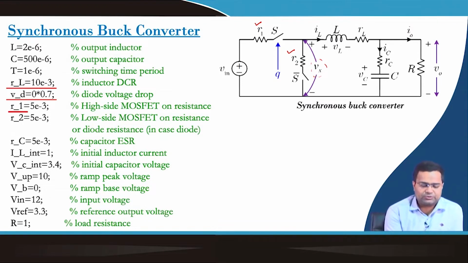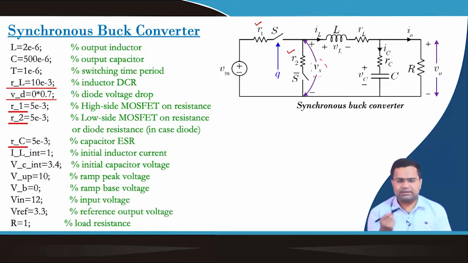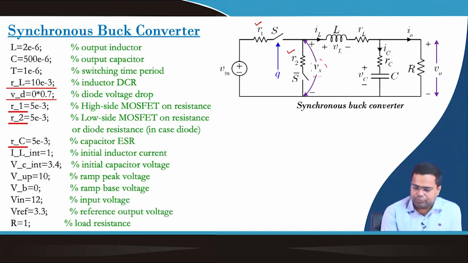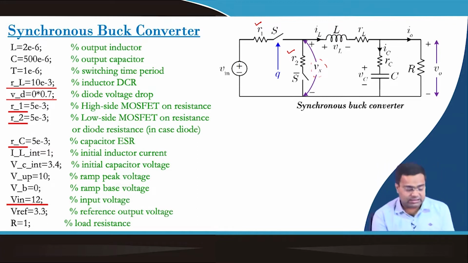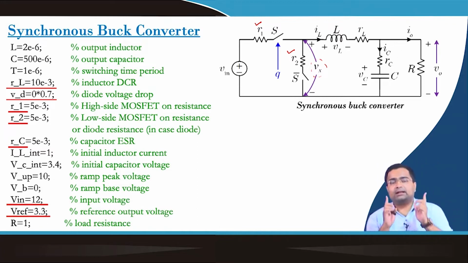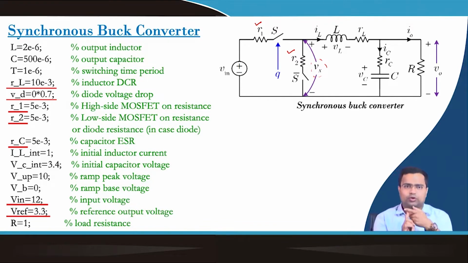The on time of the MOSFET, the on time of the complementary MOSFET, then the ESR of the capacitor, and we have also set some initial conditions. The input voltage we have taken as 12 volt and the desired output voltage is 3.3. But since we are setting the duty ratio directly without any closed loop control, and there are parasitic drops, I will show you in ideal condition, if we set the duty ratio, what is the voltage gain of the ideal buck converter?